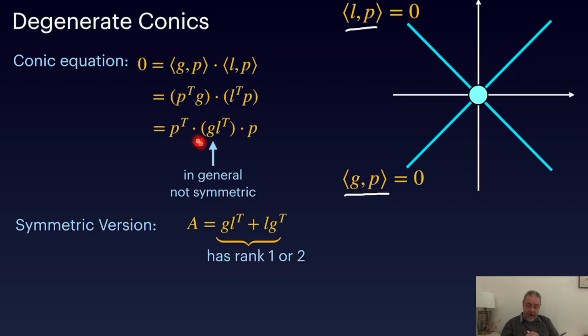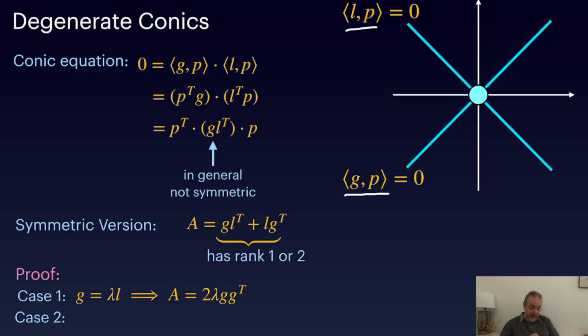This matrix always has rank 1, but if you symmetrize, it may have either rank 1 or rank 2. And so let me look for the two cases that may happen. So it may happen that those two lines coincide. Then as a matrix you get twice this rank 1 matrix, and so in that case you get rank 1.